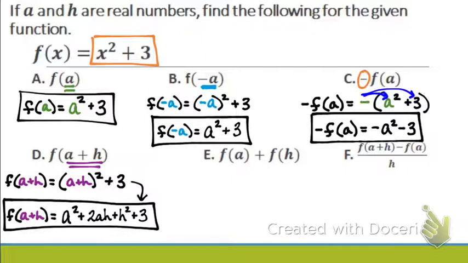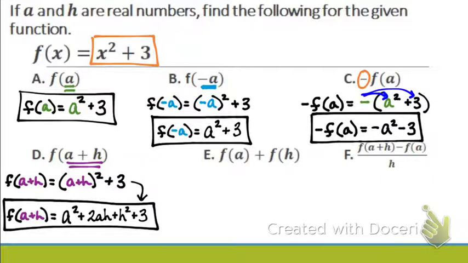What's the difference between this one in part D and what they're asking me to do in part E? They're separated. So part E, I have 2 separate functions that I am going to add together. One of them looks like this, and the other one looks like this, but with an h in it.